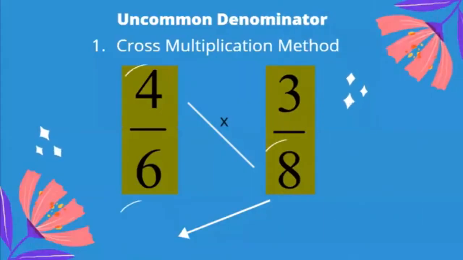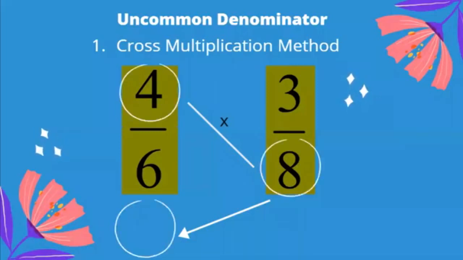If we want to compare only two uncommon fractions, just use the cross multiplication method. How? Here's how. See the numbers that I circled, the first numerator and the second denominator. Now multiply both of them and put the answer on the left side. So 4 is multiplied by 8, the answer will be 32.